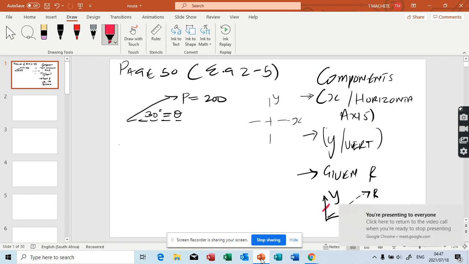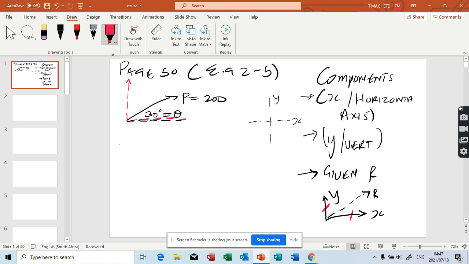Okay, where is that pen? Oh, yeah. Okay, so with this one, like I said, we are required to find this. There's your, let's just name it y. Let's just name this one x. Or let's do this.